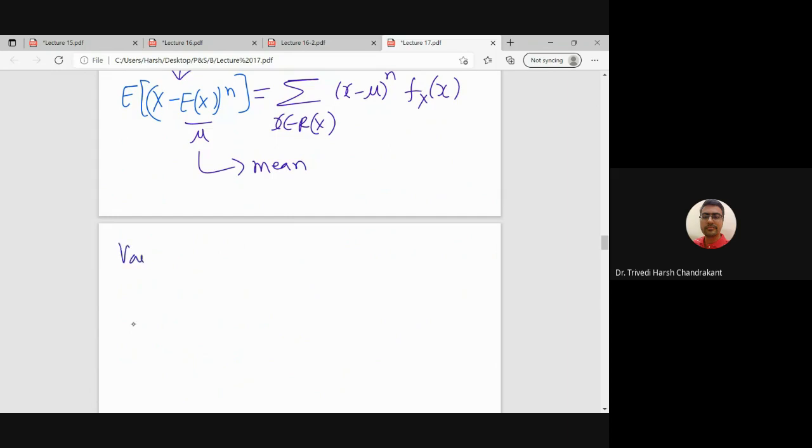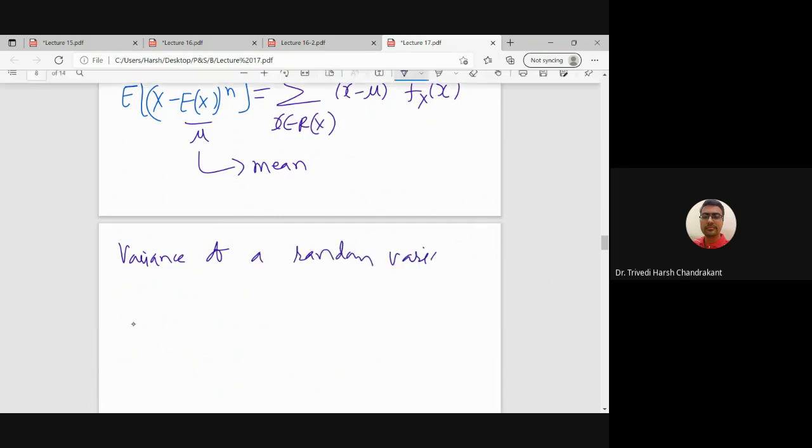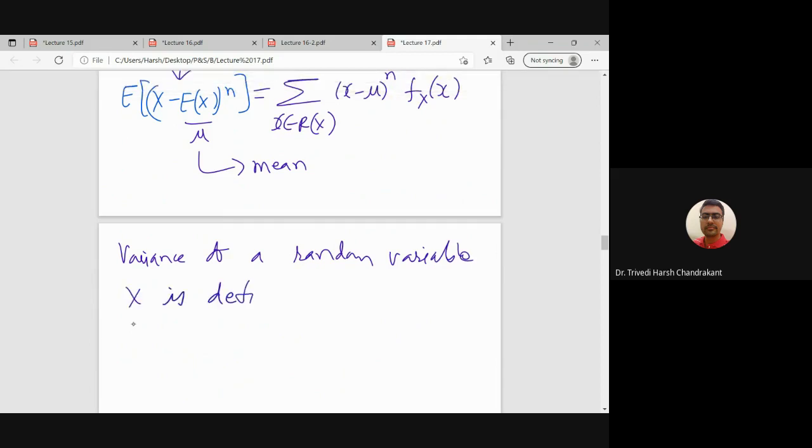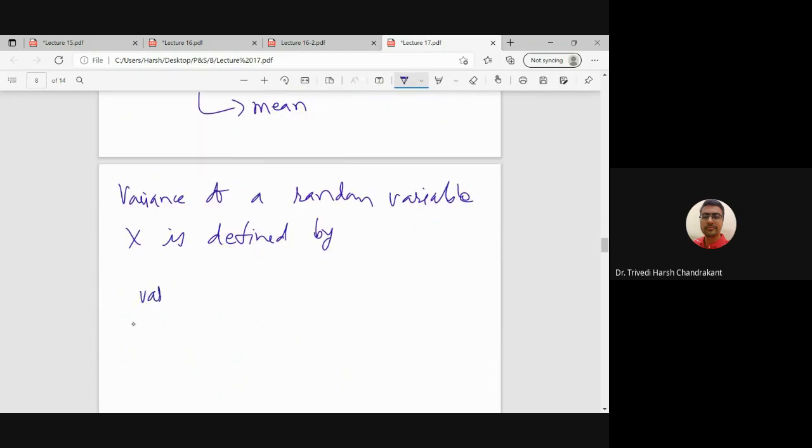So the variance of a random variable x is defined by, by definition, the second central moment.